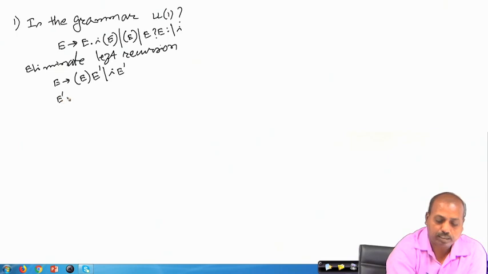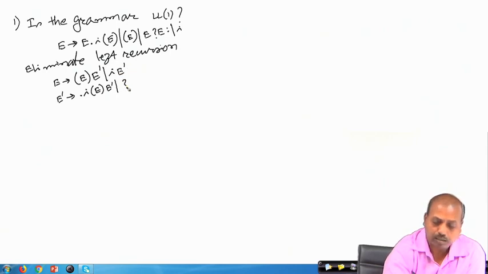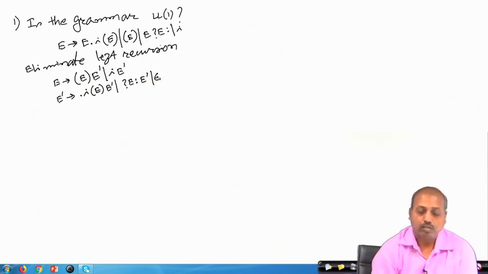Now E dash can be made to produce dot I within bracket E dash, or question mark E colon then E dash, or epsilon. This is the grammar that you get after eliminating the left recursion.